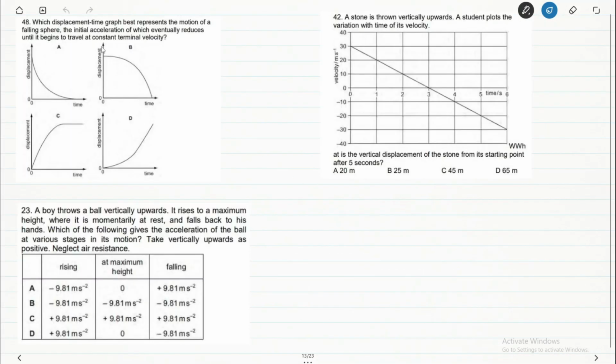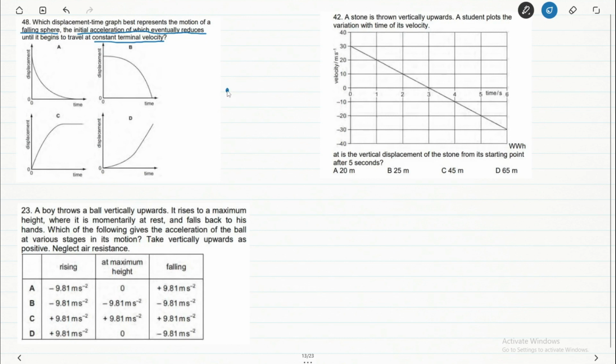Now, which displacement-time graph best represents the motion of a falling sphere, the initial acceleration of which eventually reduces until it begins to travel at a constant terminal velocity? For a falling sphere, displacement is increasing, so it's getting more and more displaced.